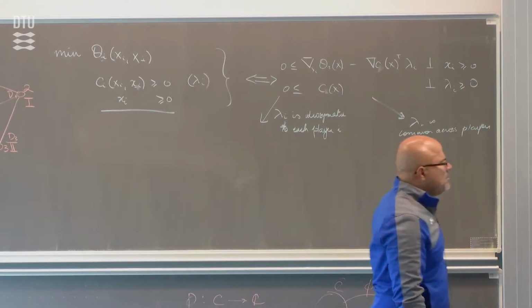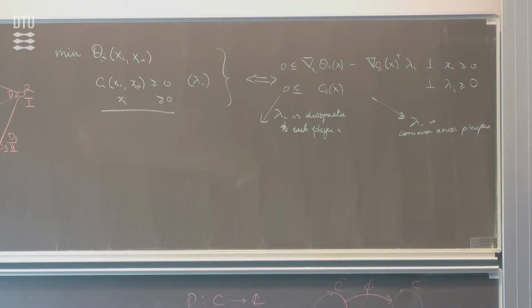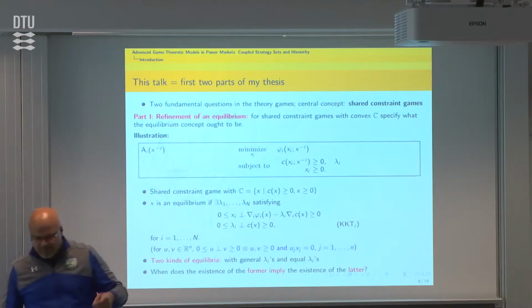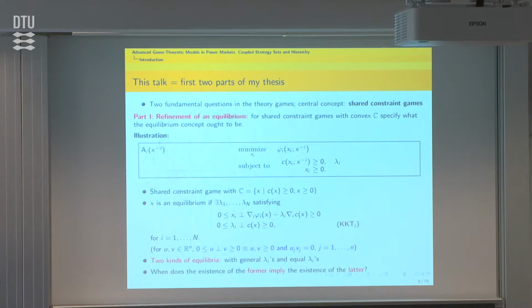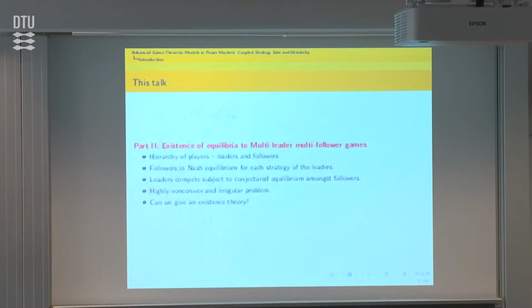And there are lots of questions here that I'm going to get into. Okay, but I want to give you a deeper understanding of the relationship between these two types of equilibria. First, we're going to define them. Okay.